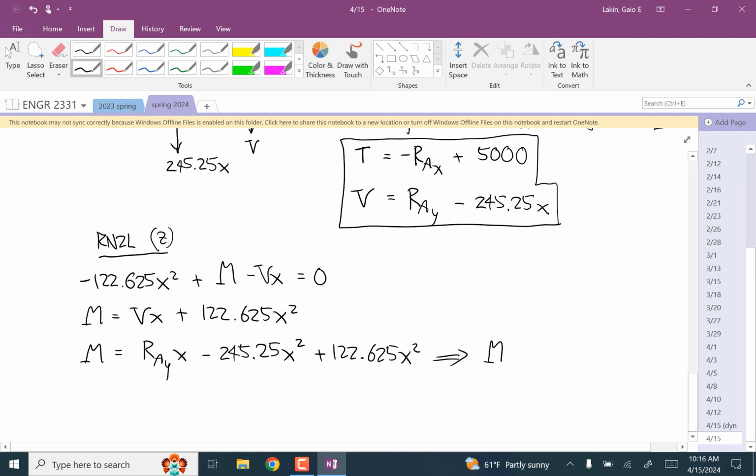And so M is equal to, I'm going to reorder it a little bit, negative 122.625 x squared plus RAY times x.